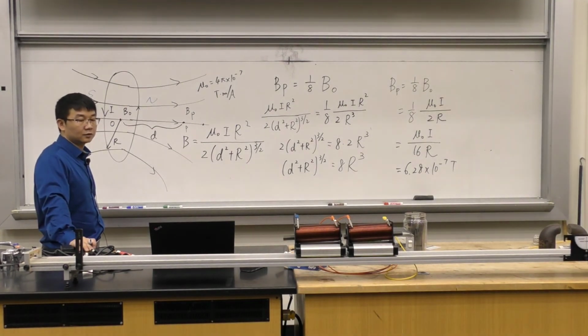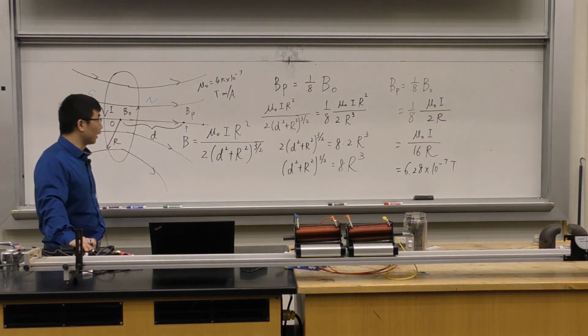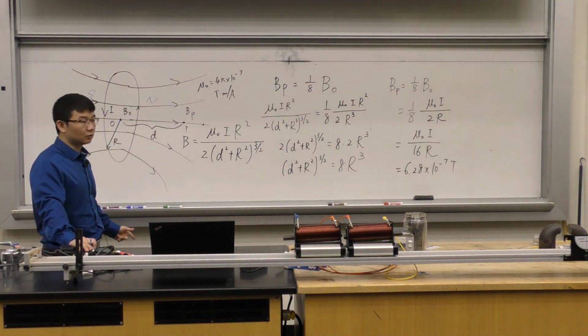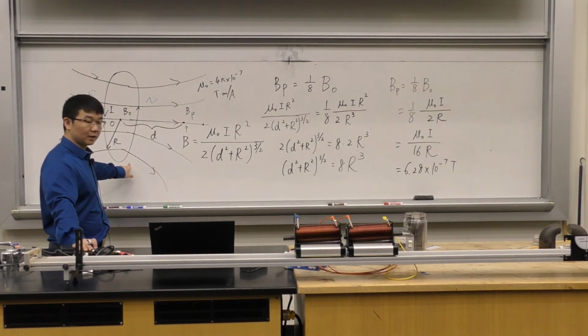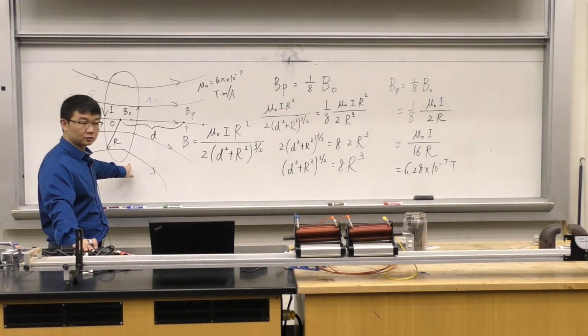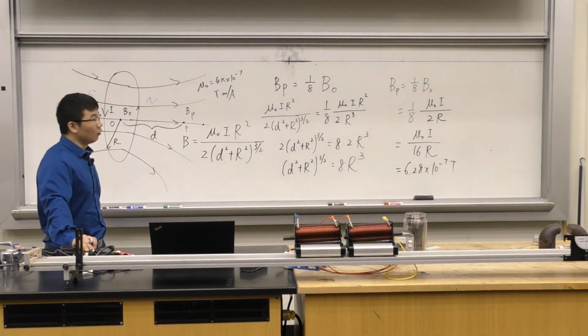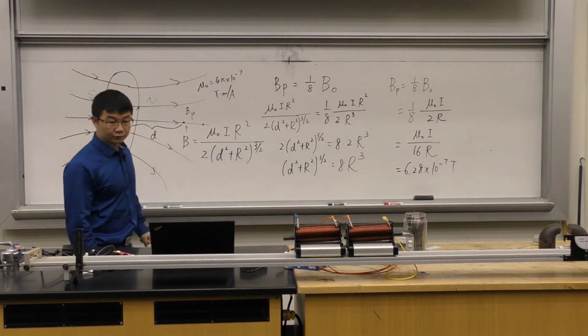Another reason I want to do this problem is that this is another way to create a magnetic field in real life. But is this practical? Can I use this loop to create a magnetic field in a physics experiment? Well, it's still hard, because the current we use is 4 amp.